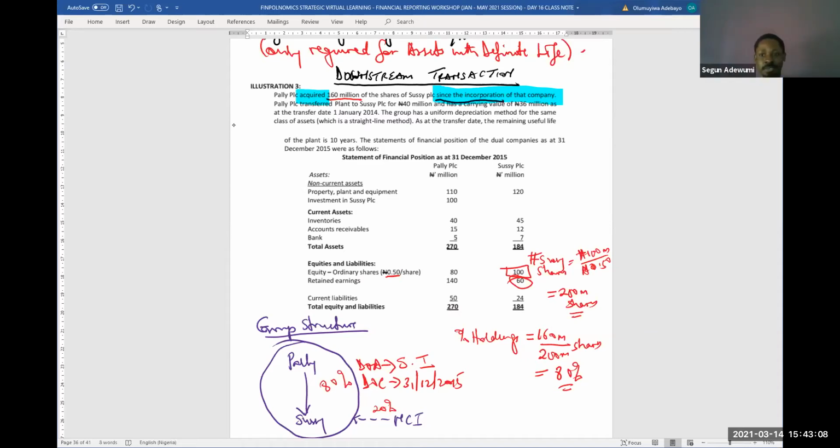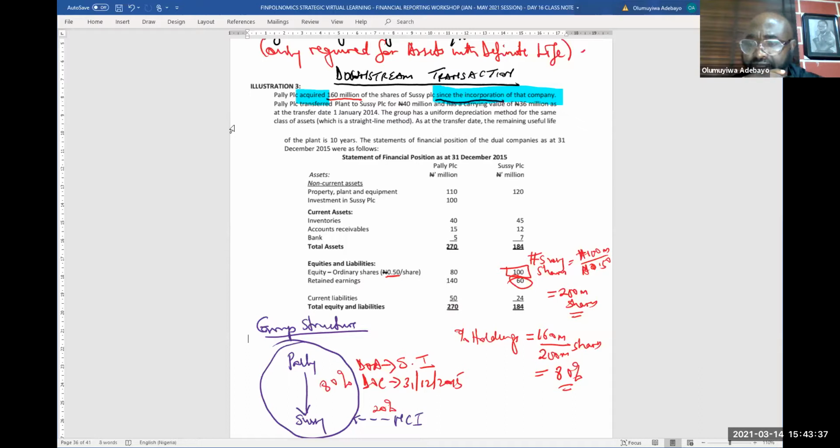That means it was acquired when the company started business and it hasn't made any profits. Okay, not when it started business, when the company is yet to commence business, which means it's just a registered company that somebody decided to acquire certain shares of it. Now, what does that signify?